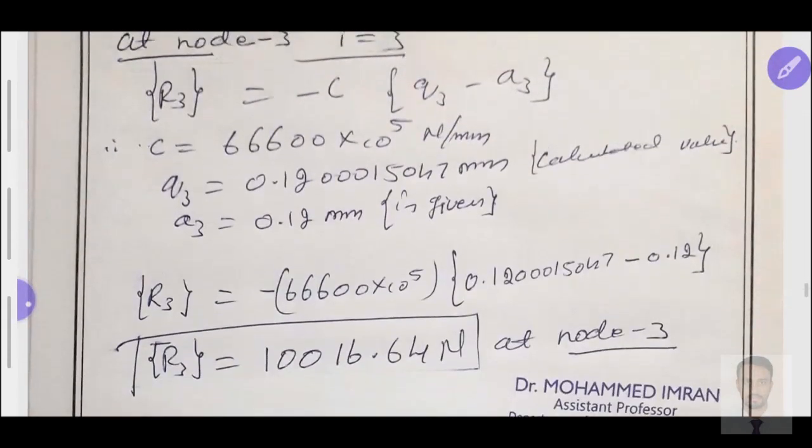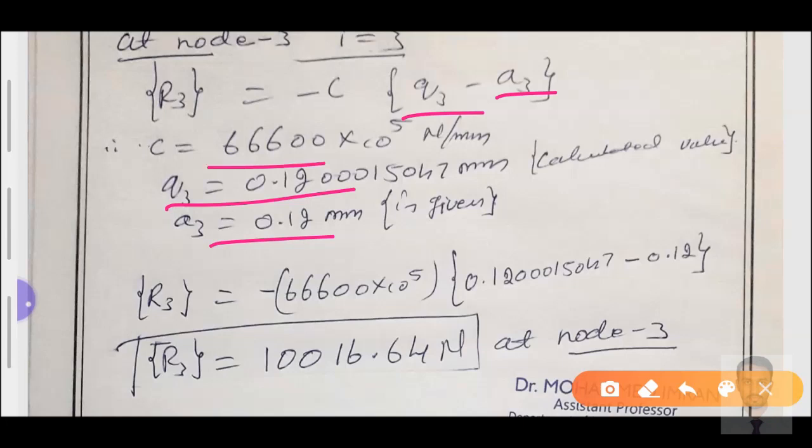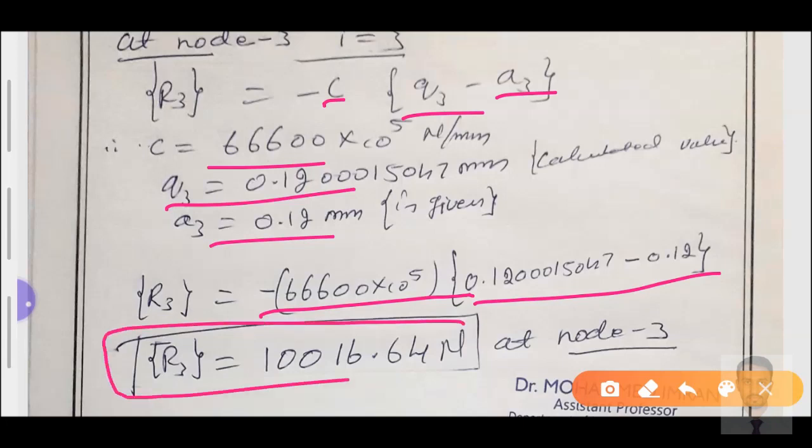So now this is the calculated value, and this one is the given value of the displacement at node number 3. Now I'll substitute this value here, and substitute all these values in this equation number 3. We get all the values, calculate that. Final answer: 10,019 we got in the elimination method, here 10,016.49 Newton.